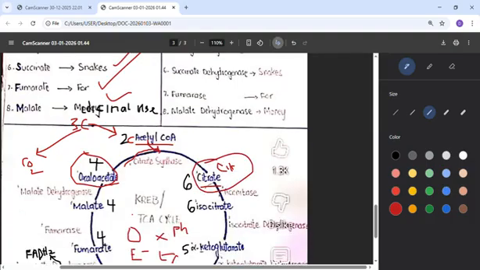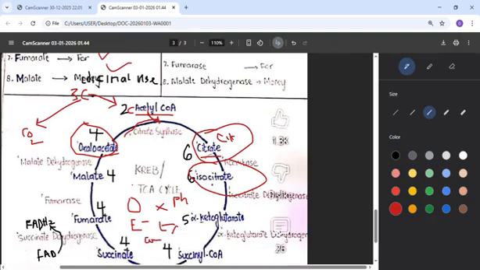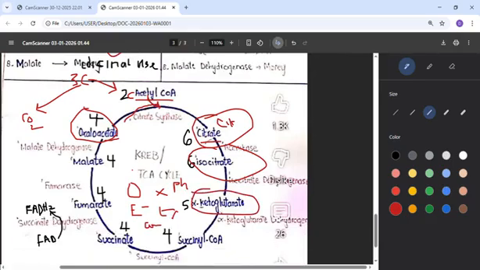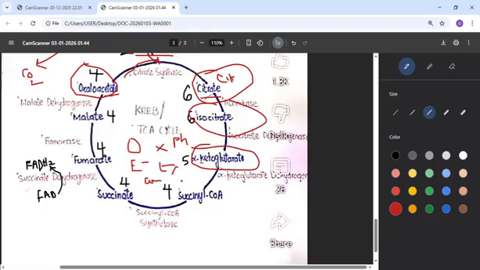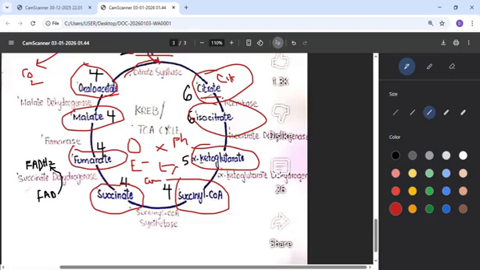I means isocitrate. Kill is the alpha-ketoglutarate. Some is the succinyl coenzyme A. Snake is now succinate. Then for, that's fumarate. Medicinal use, that's malate.